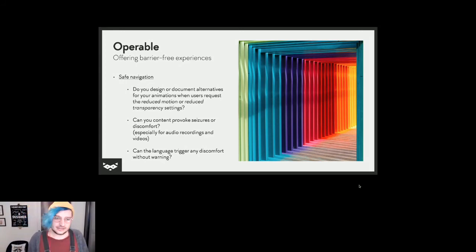In audio recordings, it's mainly about volumes and the kind of sound that we're transmitting. In videos, it's also about the colors and the frequency of changes of colors and brightness on a video and a screen. But it can also be about language. And that's where we also can push on the discomfort side. Language can trigger issues for people, can create discomfort without warning.